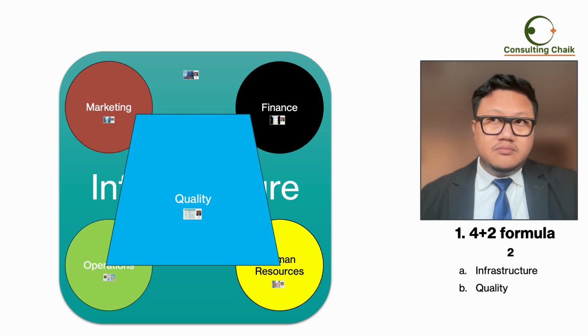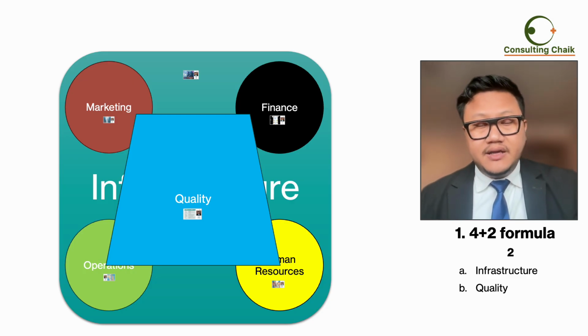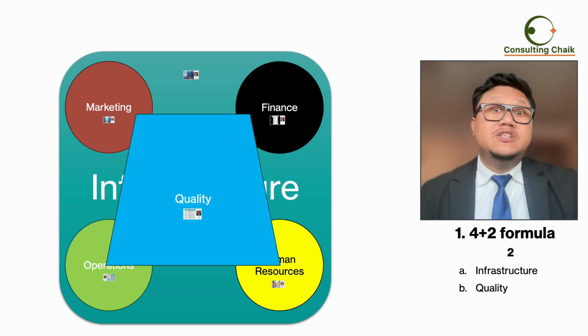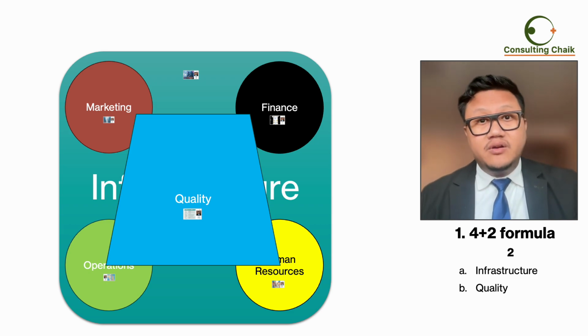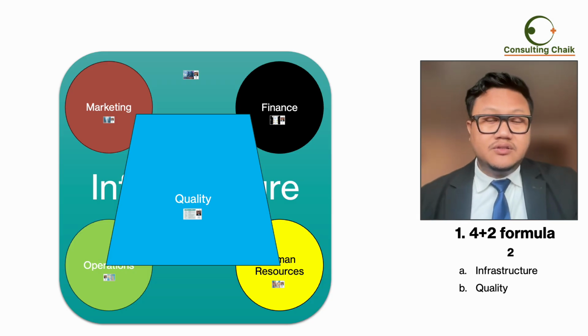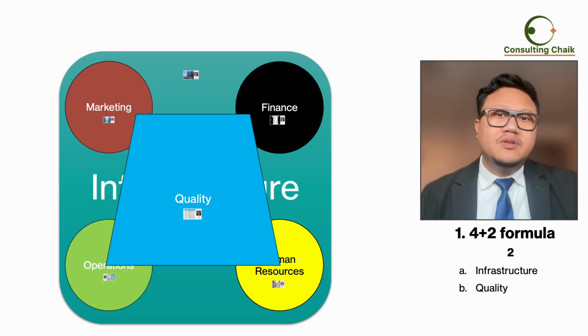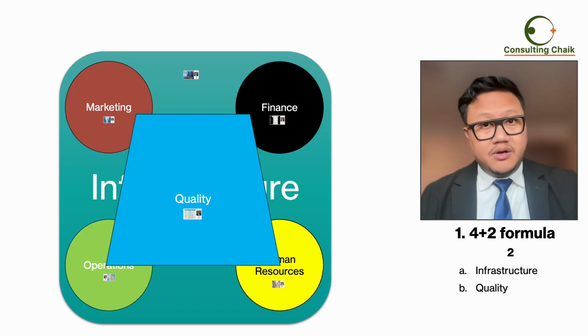If all the points as per quality are maintained, then 20% of your operations and 20% of your human resource is taken care of, which will have an effect on 80% of your operations and 80% of your human resource. Pareto's law. And marketing a little bit, finance a little bit, but very important ones. We'll talk about that in the later slides.